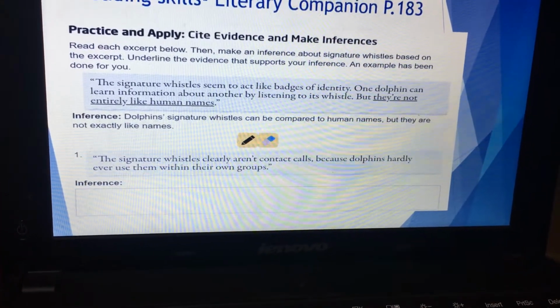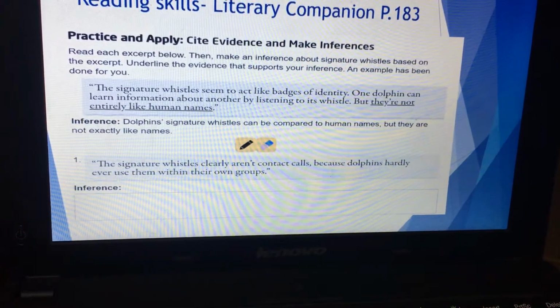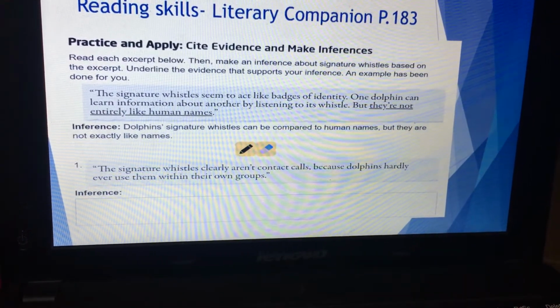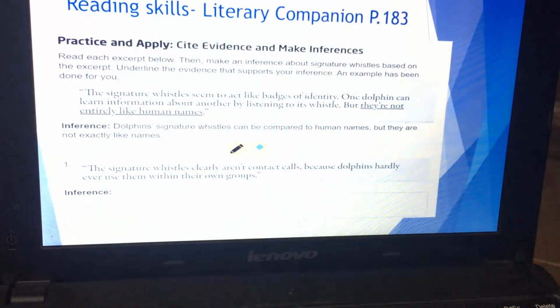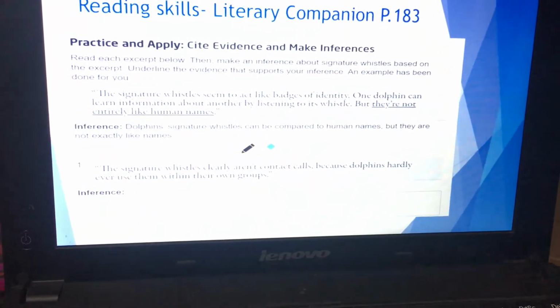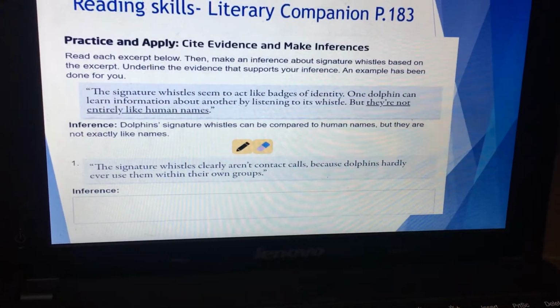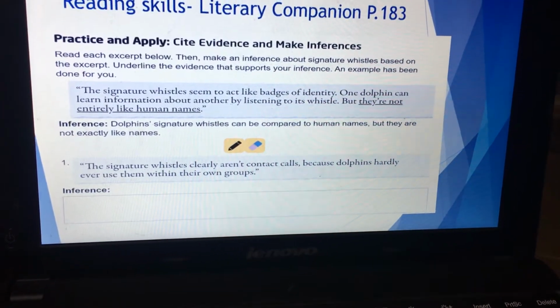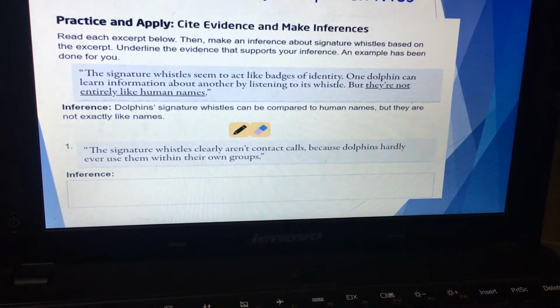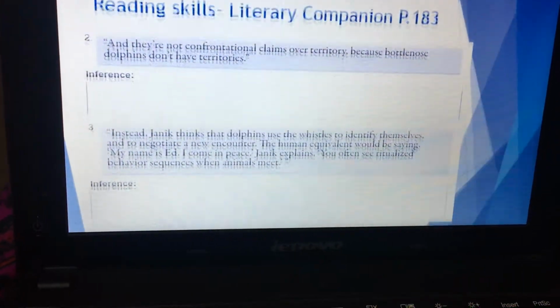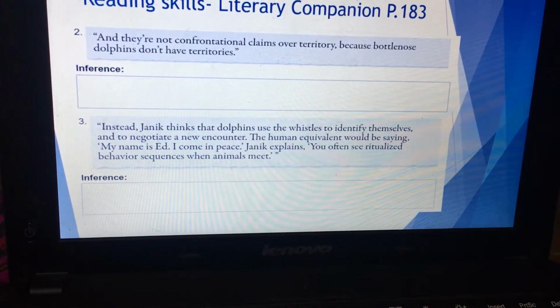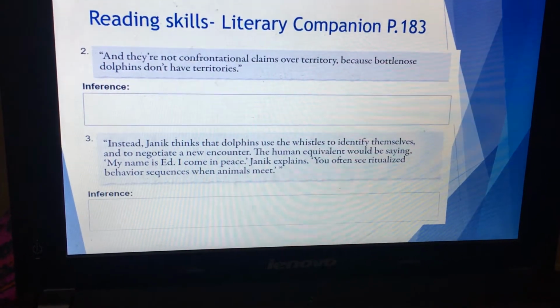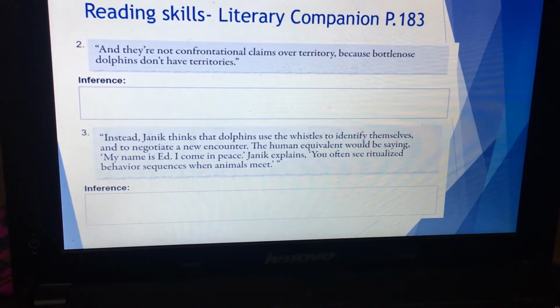Now, if you look at the underlined phrase, they are not exactly or entirely like human names, you would see that the dolphin signature can be compared to human names, but they are not exactly like names. And we have said that before. I'm going to show you the answers later on and how did we do them.